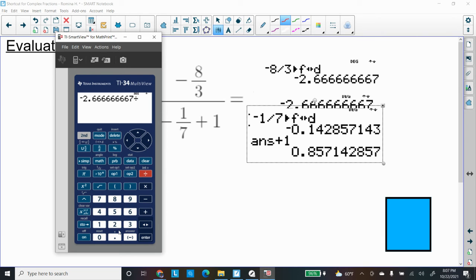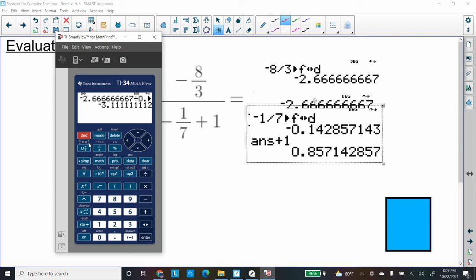Divide that by 0.857142857. Press enter, and I get negative 3.1111112.